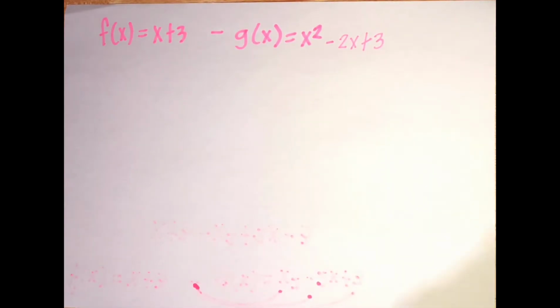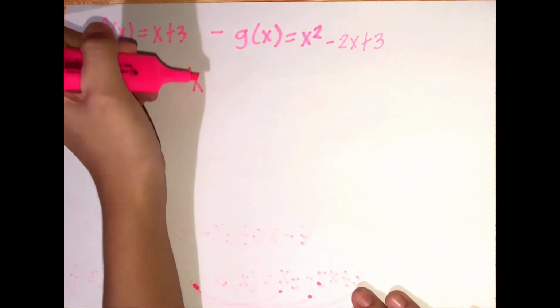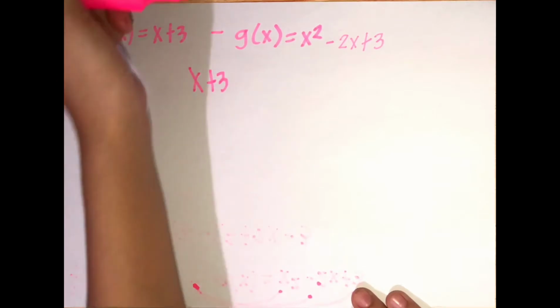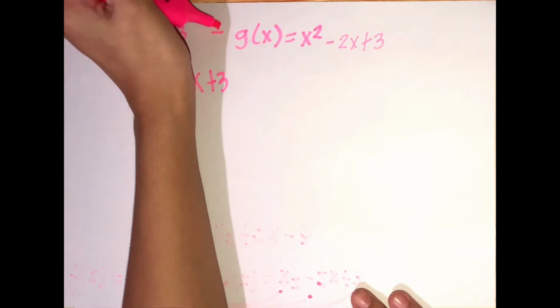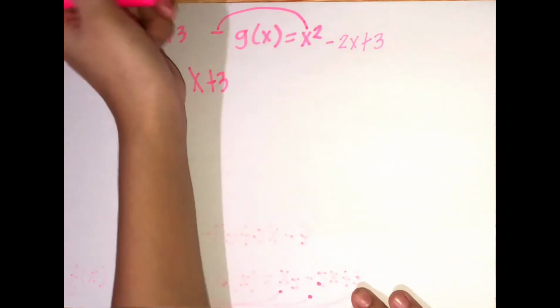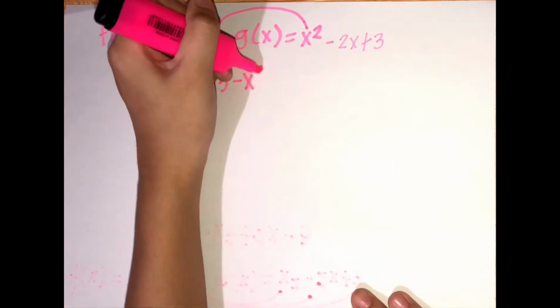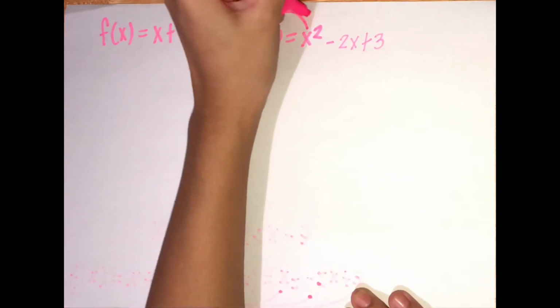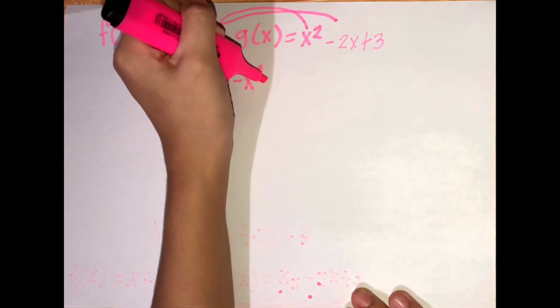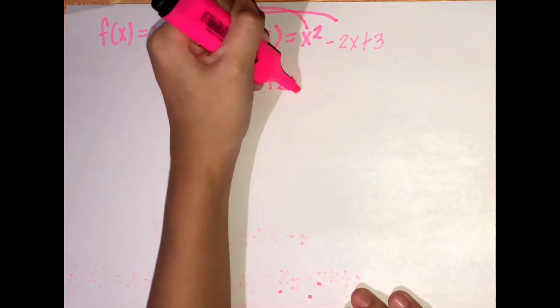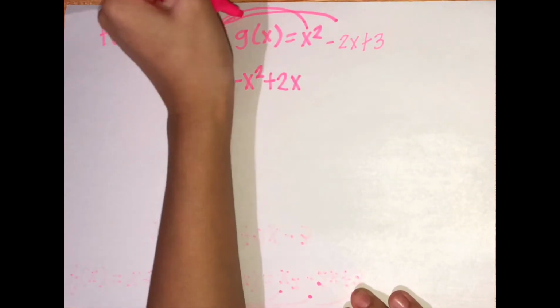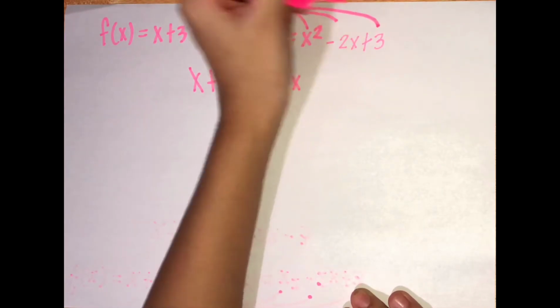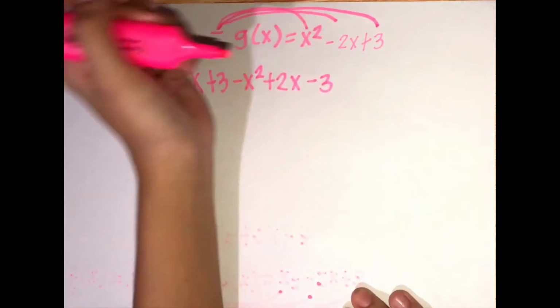Now, let's substitute it. We have x plus 3. Negative times positive x squared is negative x squared. Negative times negative 2x is equal to positive 2x. And negative times positive 3 is negative 3.